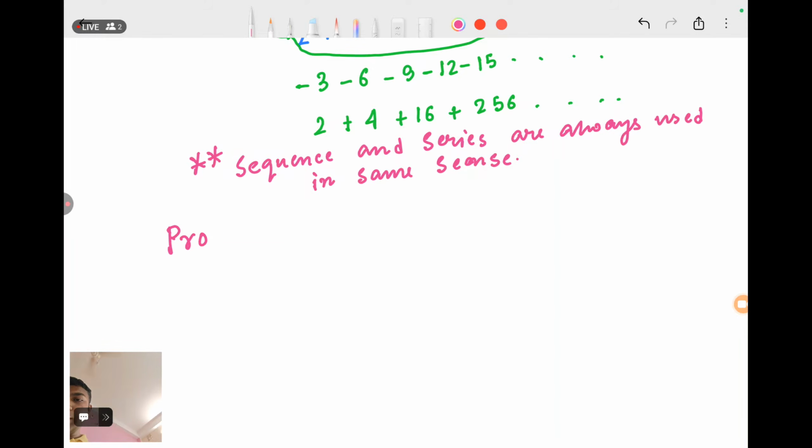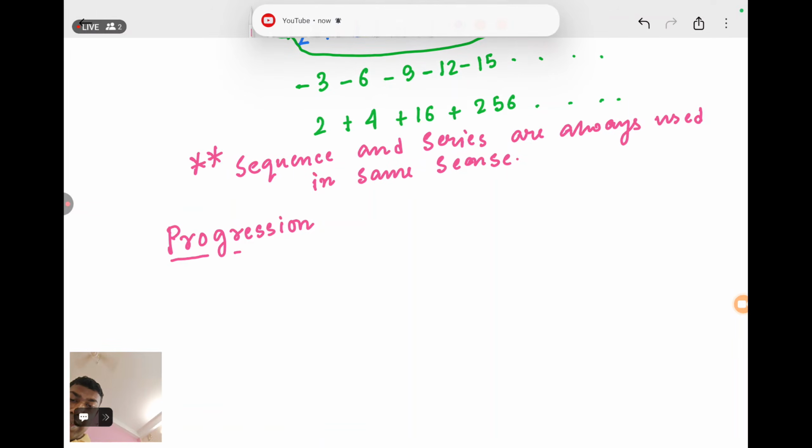Progression. So what is a progression? Now I will teach you this. When the members of a series are written in a definite order, it is known as progression.